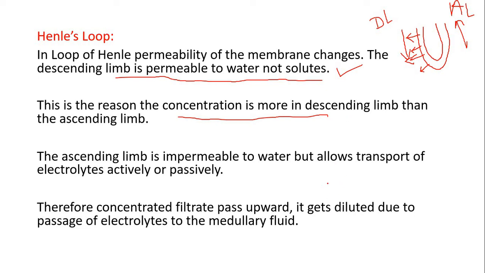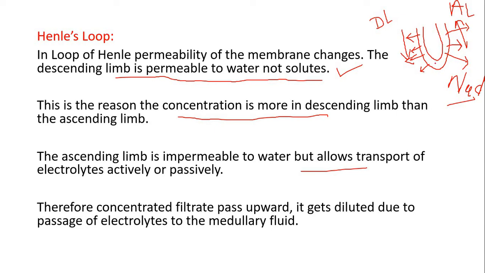The ascending limb is impermeable to water. So let's move to the ascending limb. Here water is not removed from this part. Only NaCl, one of the solutes, leaves the ascending limb. Remaining is water.